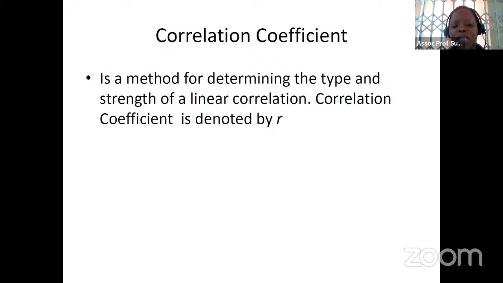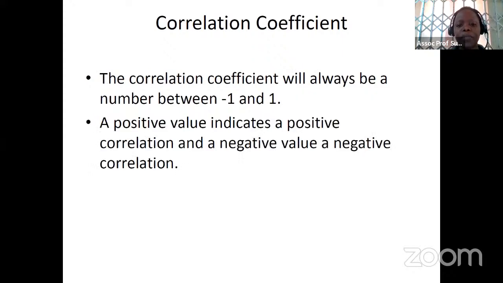Correlation helps us determine the strength of the relationship and direction. By strength, we are talking about the magnitude, while the direction is either positive or negative. Correlation is denoted by a Roman letter, lowercase r. We've already said it ranges from -1 to +1.